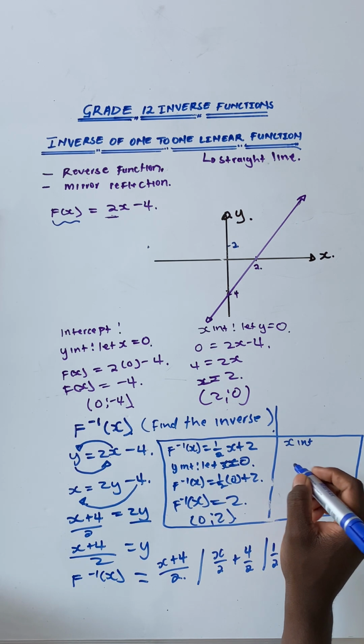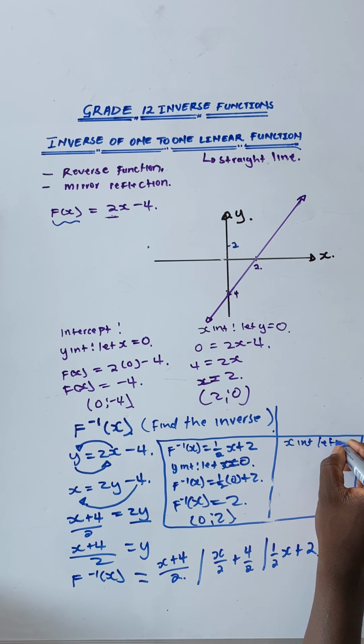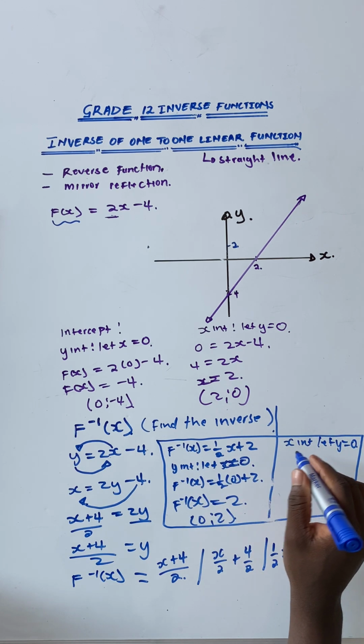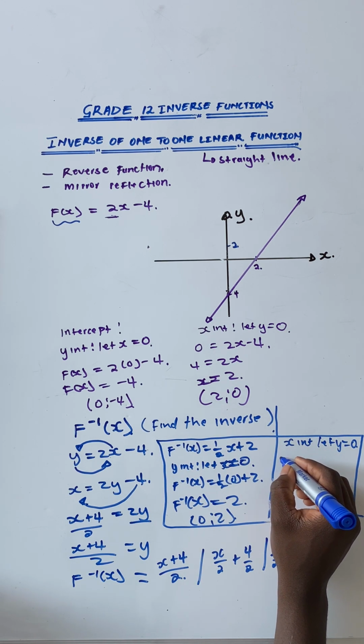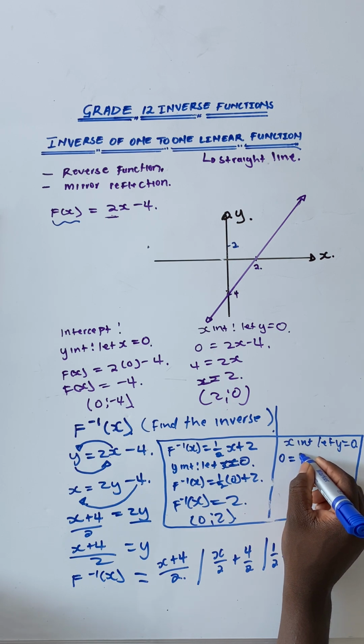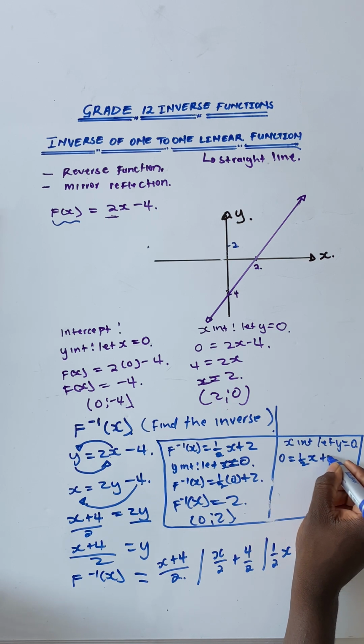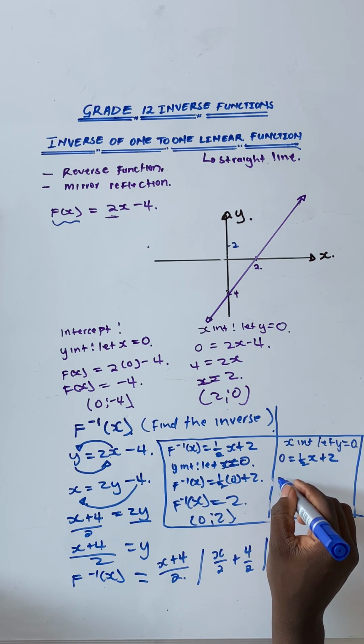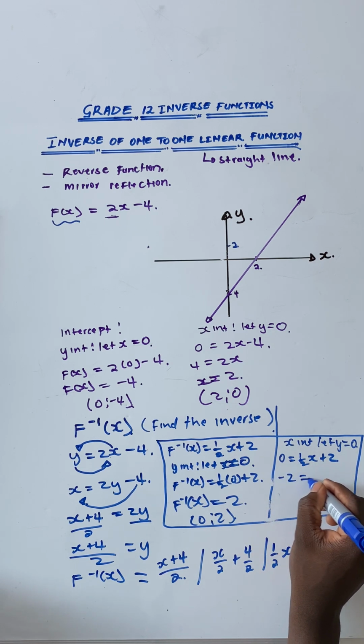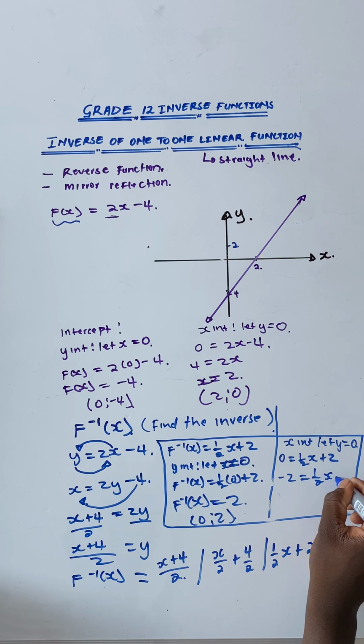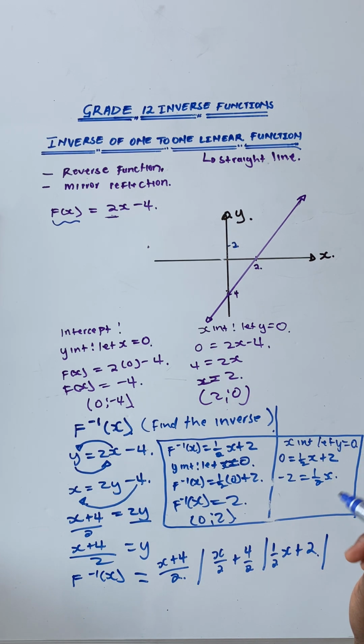For the x-intercept, you let y be equal to 0. So 0 is equal to 1 over 2 x plus 2. You take 2 to that side and it becomes negative 2 is equal to 1 over 2 x. Now you want x, so you can simply multiply by the reciprocal on both sides.